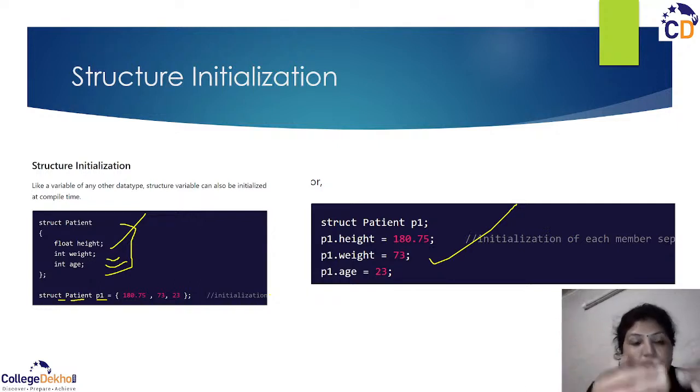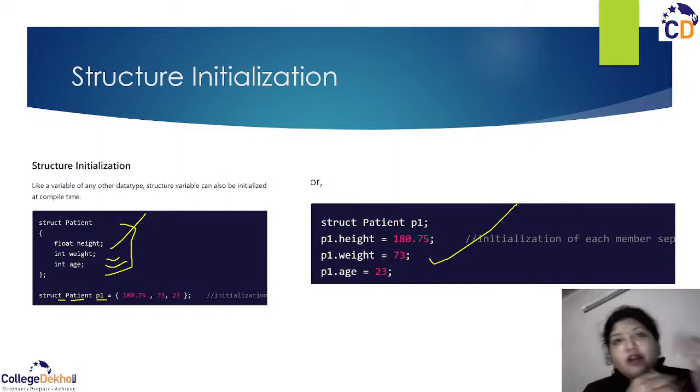One, we are assigning the values once we are done with our variable declaration, like struct patient patient1. Now you can give the values at this time only. Or you may do it after you have declared it, like in the second method.